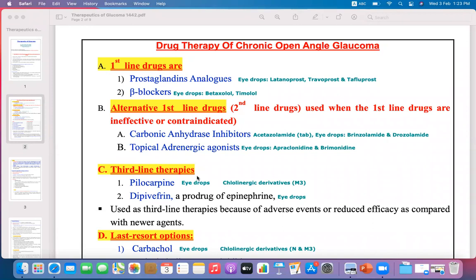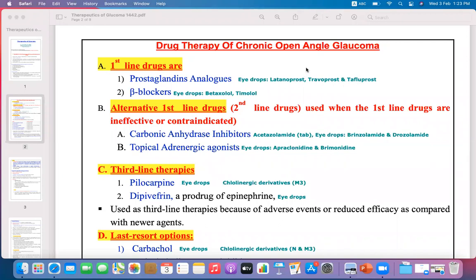The first line drugs are highly effective in the management of open angle glaucoma, and the first one is prostaglandin analogs, which are available as eye drops. The examples are latanoprost, travoprost, and tafluprost.